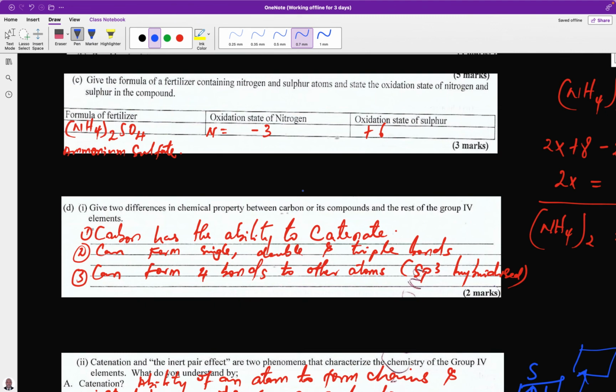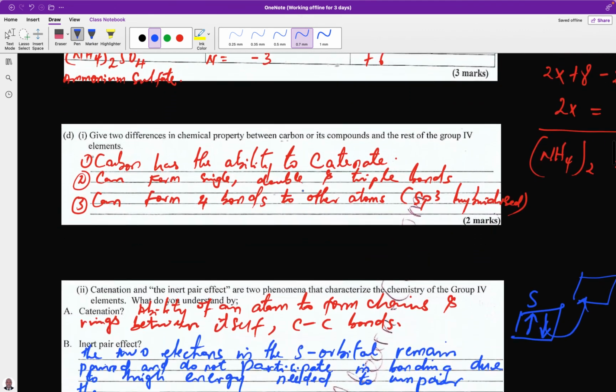That is to form covalent bonds in chains and ring within itself. It forms single, double, and triple bonds. It can form 4 bonds to other atoms. It is sp3 hybridized.